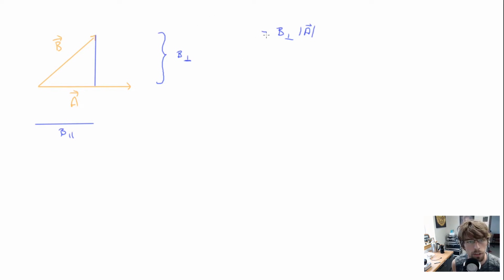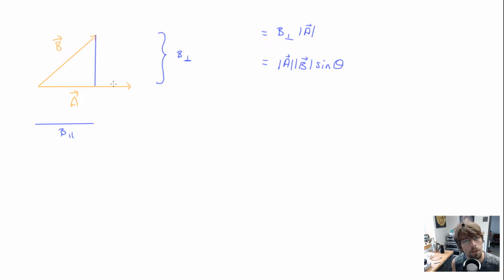So if I actually think about my trig functions, we can see that this would just be, I'll keep the magnitude of A. I'm just swapping the order because I like them alphabetically for some reason. And here, the perpendicular component, we would use the sine. And we're done. Well, almost.